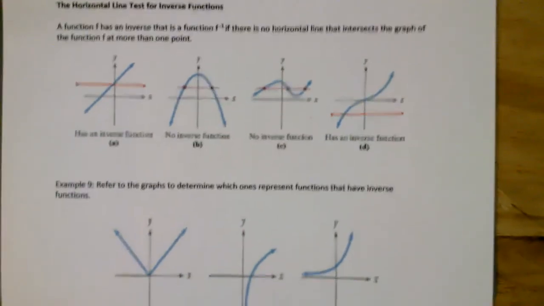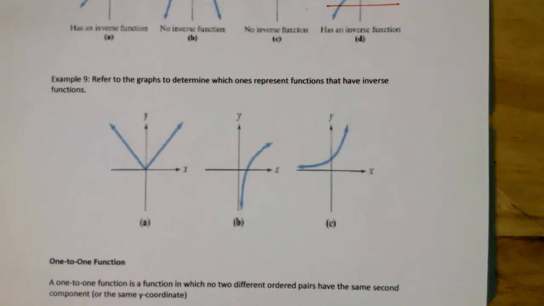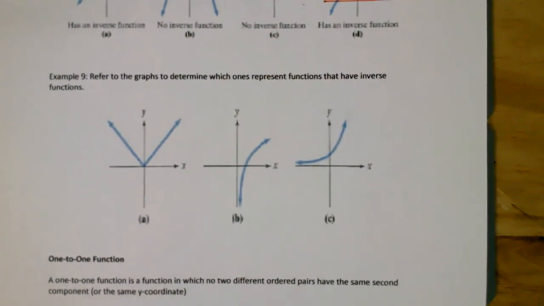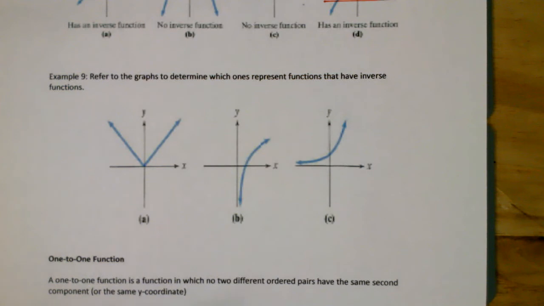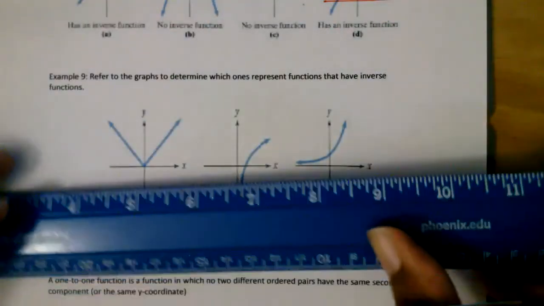All right, so let's take a look at this example here, example 9. Refer to the graphs to determine which ones represent functions that have inverse functions. Take a look at part A. This is what the graph looks like. I want to know if that has an inverse function.